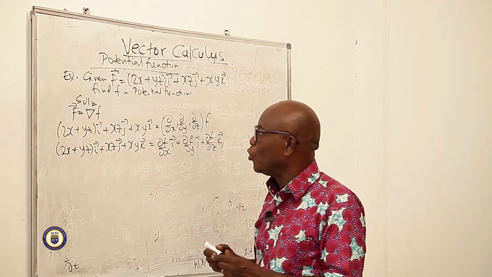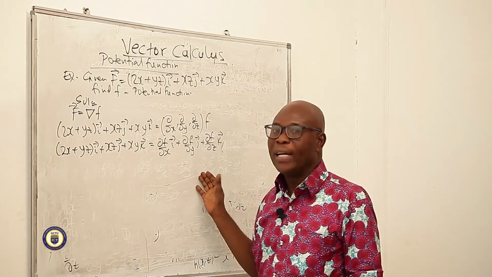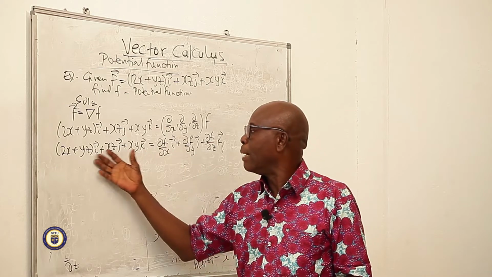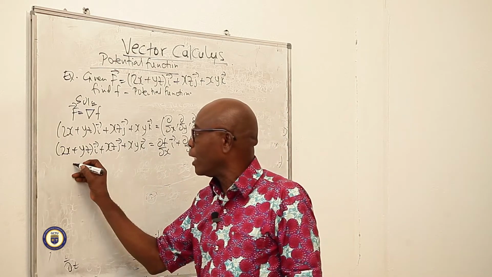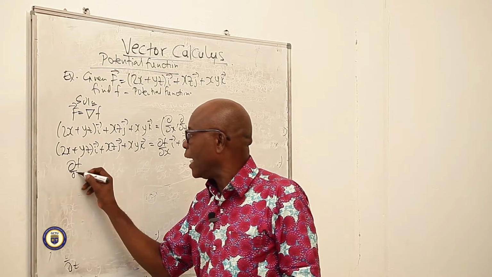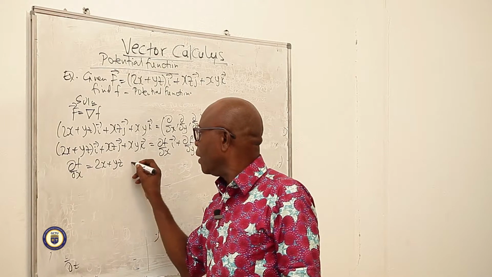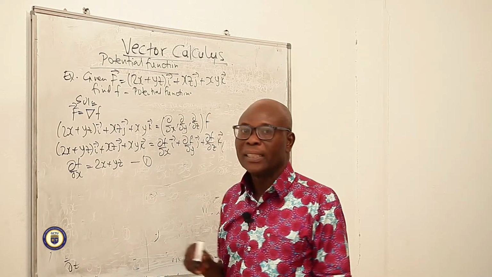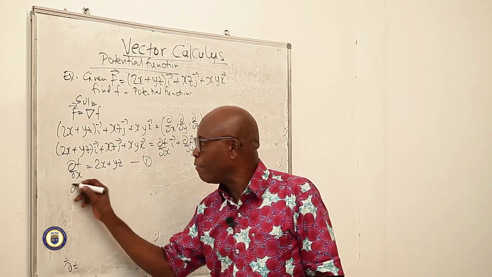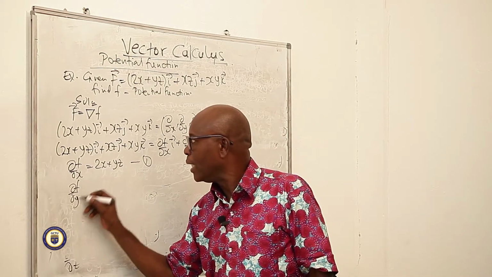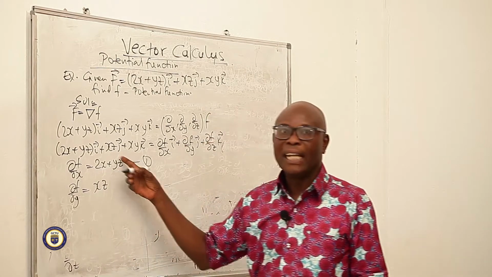And so, since the left side is equal to the right side, we equate them term by term. If you take the first one, the i direction, we get partial f partial x gives us 2x plus yz. You can label it as equation 1. Then we take the j direction, so partial f partial y gives us xz.